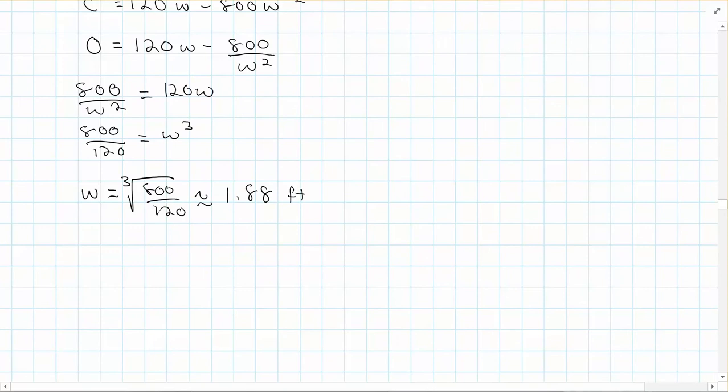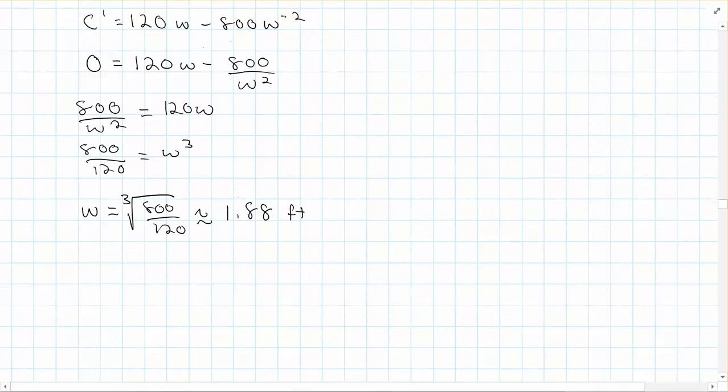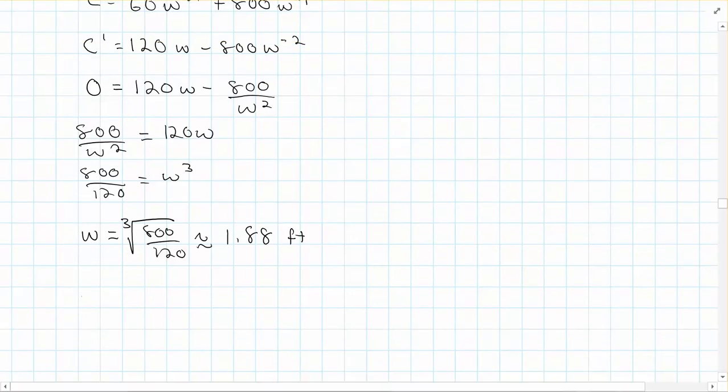Now, before we actually write our answer down, we have to verify that we have found a minimum. So I'm going to just use the second derivative test on this, since I have the first derivative sitting right here. And the second derivative test, if it's easy to find the second derivative, makes it so I only have to plug one number in.